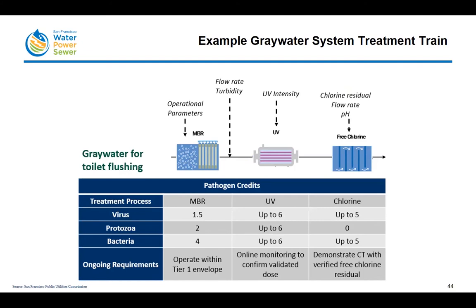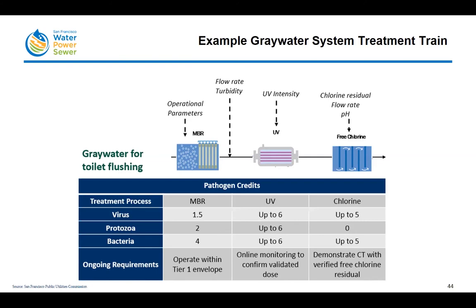You choose and select treatment processes that can meet certain pathogen credits based on how you operate the treatment technology and how you incorporate online monitoring with those technologies. So for example, a UV with a validated UV reactor, and if you're monitoring things like UV intensity, you can get credits, up to 6 credits for that UV reactor.